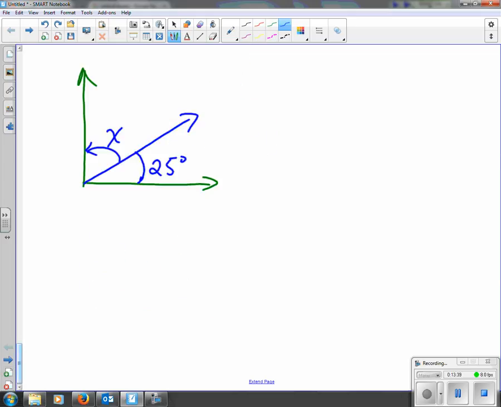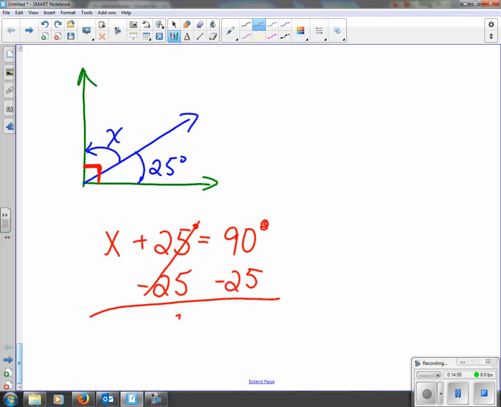Well, as a whole, x plus the 25 has to equal 90 degrees. So what does x have to be so that together with the 25 it equals 90? Well, I'll subtract 25, and x must be 65 degrees.